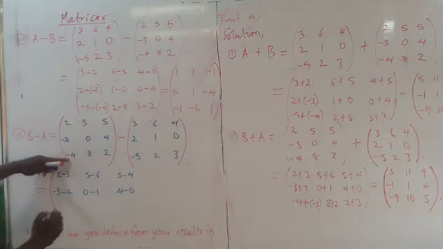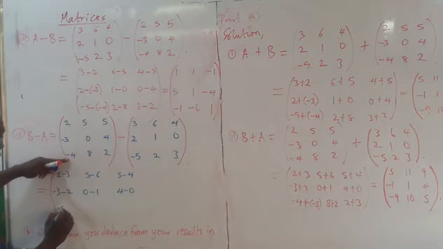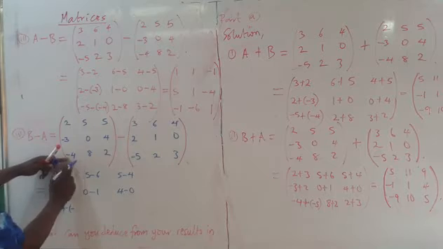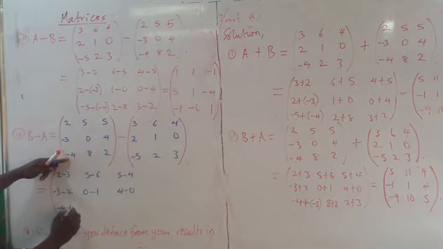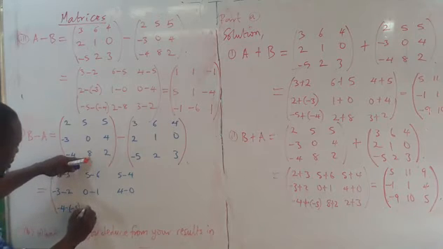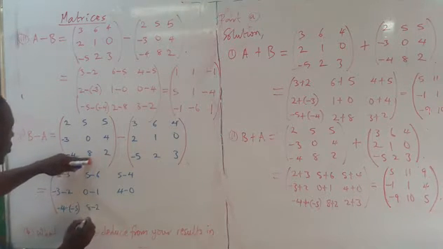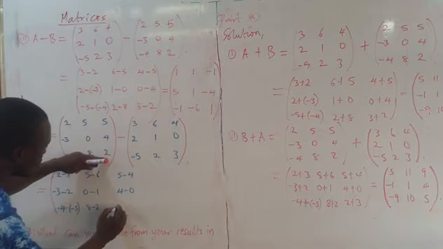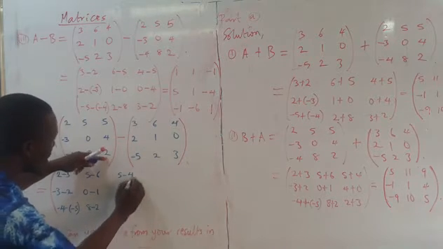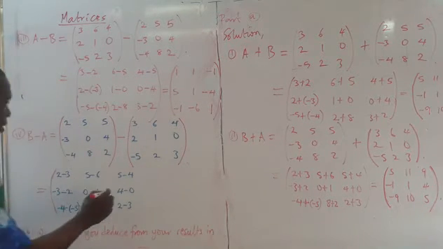Then the third row, minus 5 minus minus 4, so minus 4 plus 5. Then the second element, 8 minus 2. Then the third element in the third row, that is 2 minus 3.